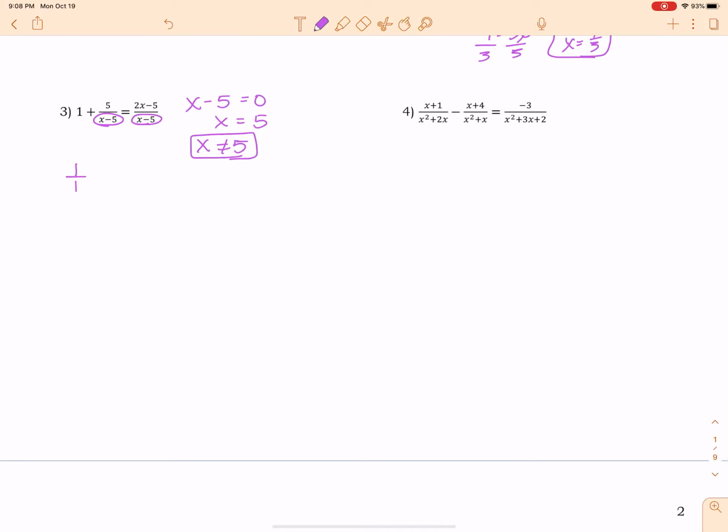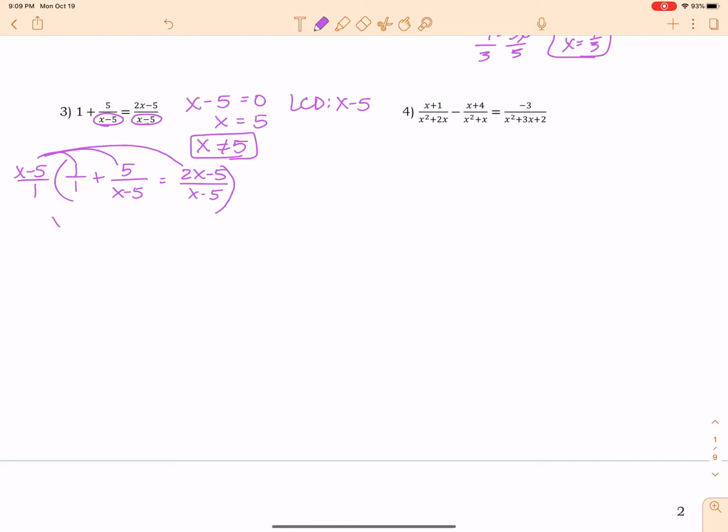Okay, so I'm going to have 1 plus 5 over x minus 5 equals 2x minus 5 over x minus 5. I am multiplying everything by the LCD. What is the LCD? Well, it's x minus 5 because that's what's in my denominators. So I'm going to multiply every single term by x minus 5.